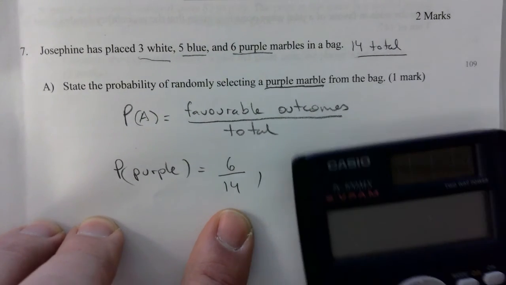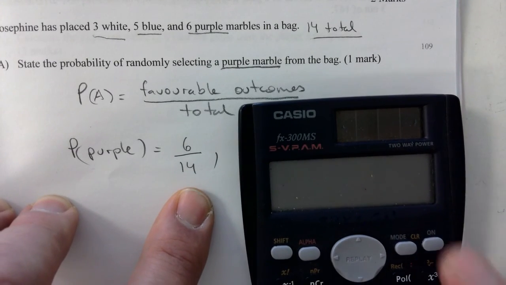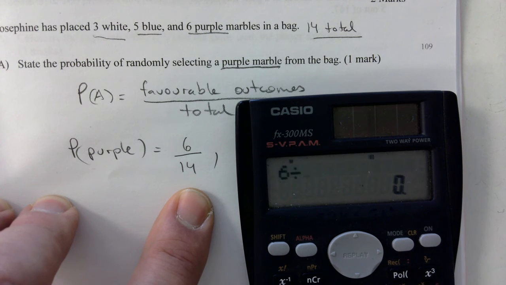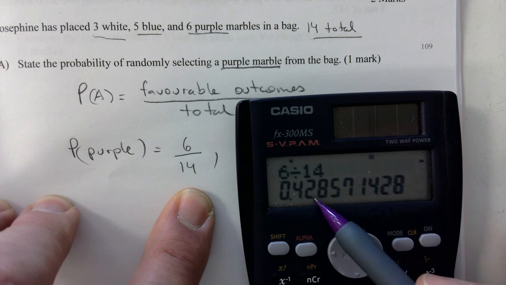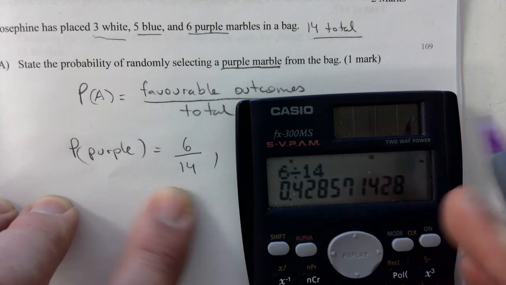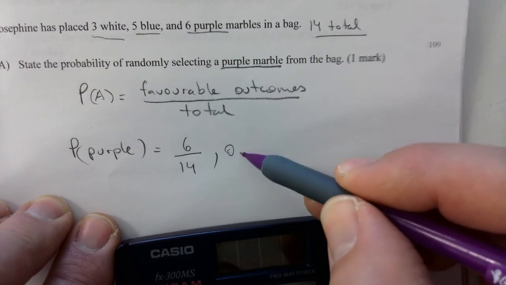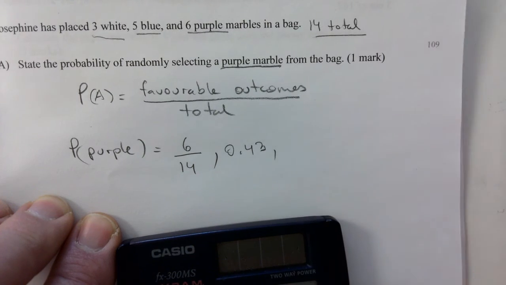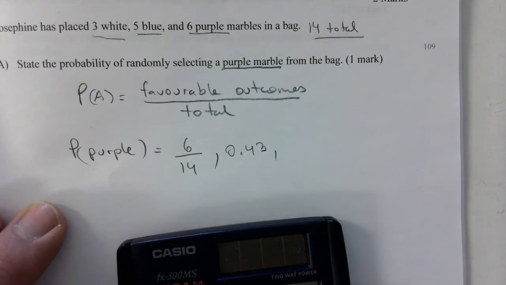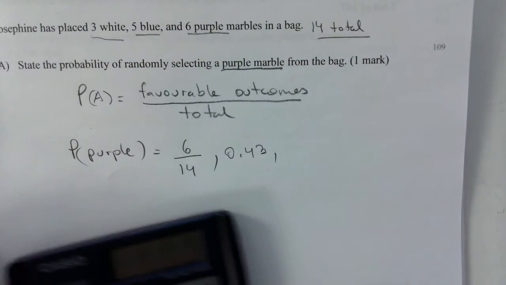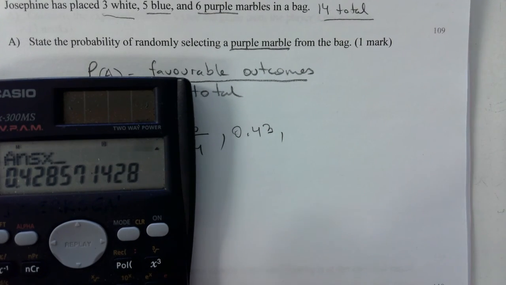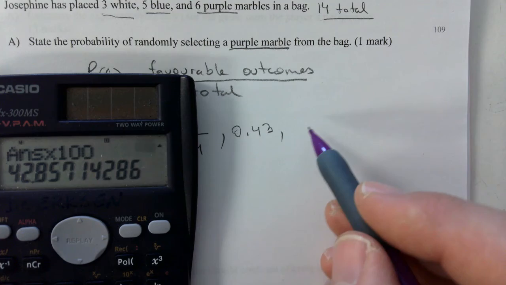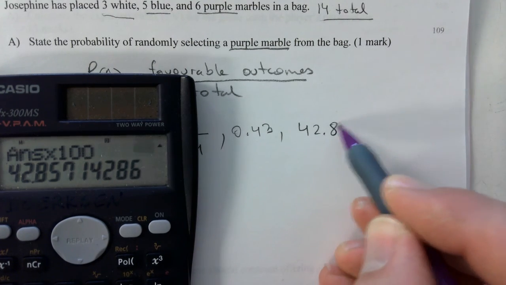But here I'm going to review this part. You can state it as a decimal. Let's say it's 6 divided by 14, it's 0.43. Okay, so you would write down 0.43, no problem. Let's say you want it as a percentage. You go 6 divided by 14 times 100, and that is 42.86%.